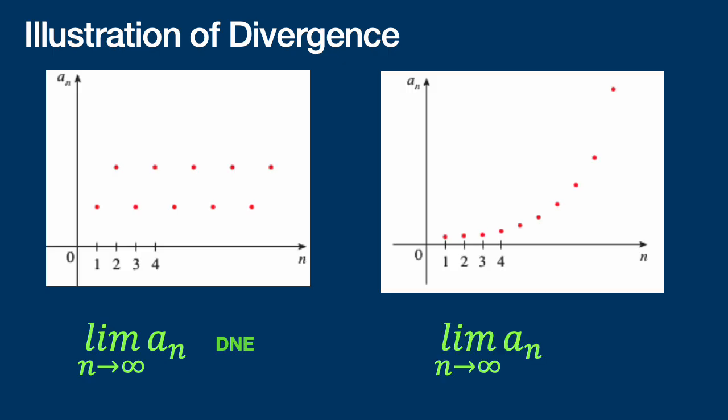So the limit of a_n as n approaches infinity is infinity. So these are examples of divergence. We illustrated the limit of a sequence, convergent and divergent. What do you learn from the illustration? When a sequence converges, the terms approach one point as n increases.